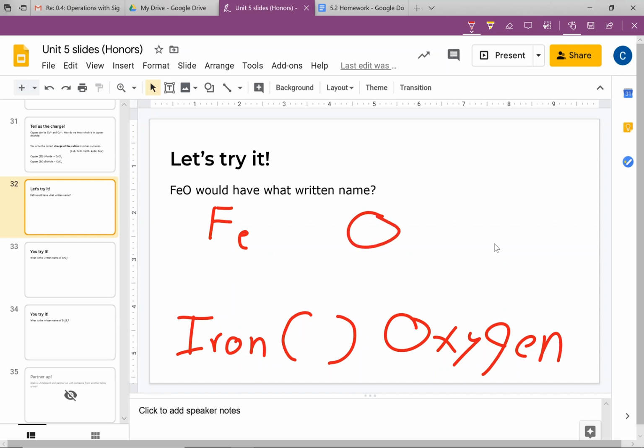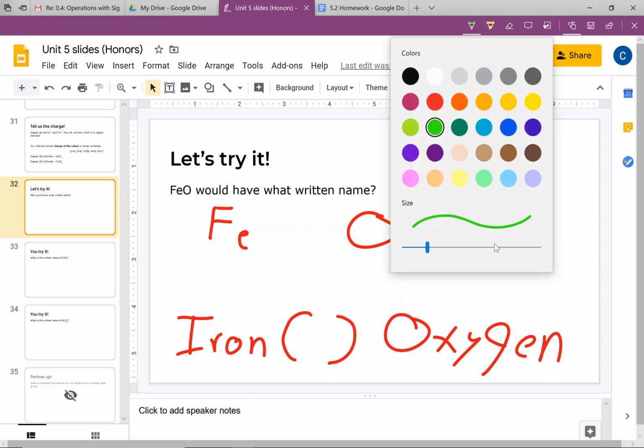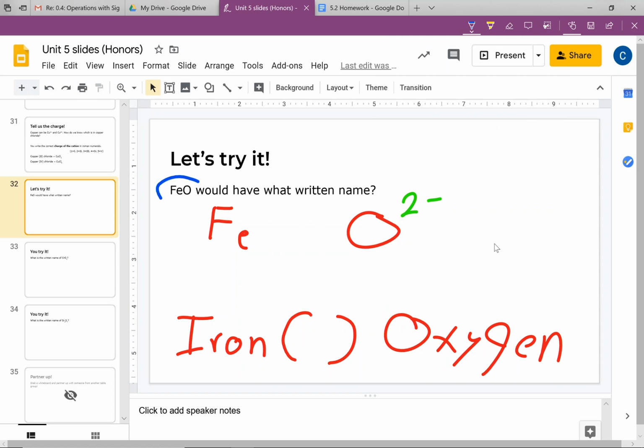What's the charge on oxide as an ion? Right, that is, and I'm going to write this in a different color here, 2-. So FeO, written here, this is just a 1-to-1 ratio. So I'm going to actually put these closer to each other, right, because we know it's just 1-to-1.